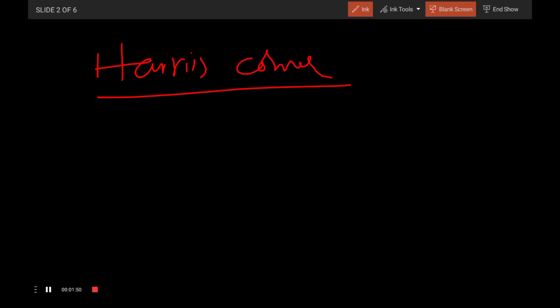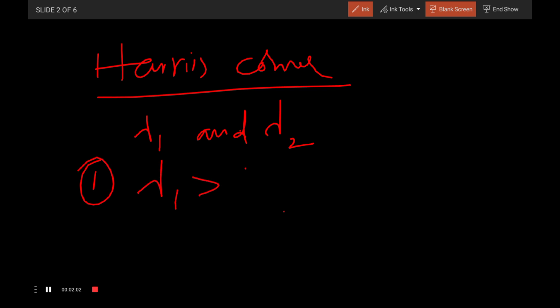In the Harris corner method, they take the lambda values, lambda 1 and lambda 2, which are the eigenvalues. Based on the eigenvalues concept, they can decide whether it is a feature point. Suppose lambda 1 is greater than lambda 2, or lambda 2 is greater than lambda 1.